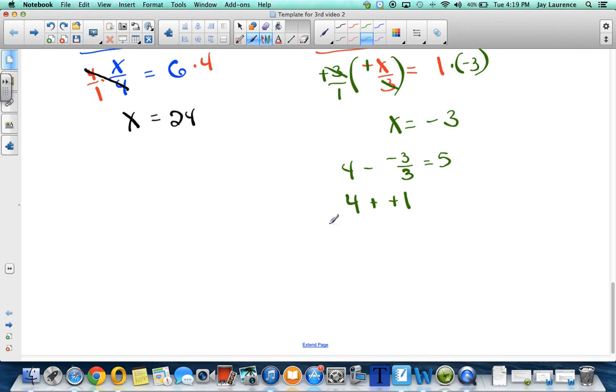It's a health risk. It's a negative thing. Well, if they stop smoking, they take away that negative habit. Now their lungs will recover. They can live a healthier life. So you take away the negative, you get a positive. So 4 minus negative 1 is the same as 4 plus 1. And that is, of course, 5, and that's what we wanted it to equal.